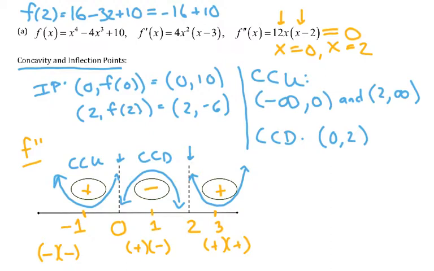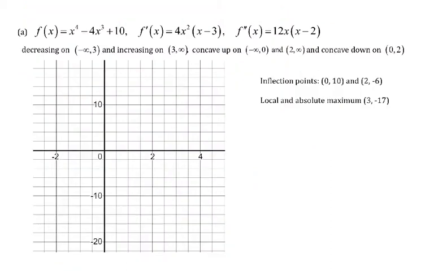Now we are going to try to sketch the graph. I have summarized the information that we have gathered using the first and second derivatives. We have a local and absolute max, and that's not right.